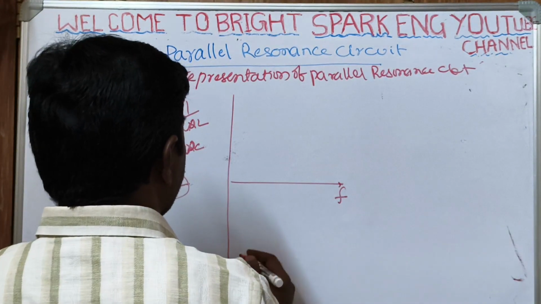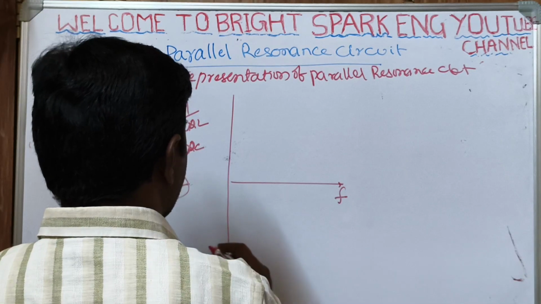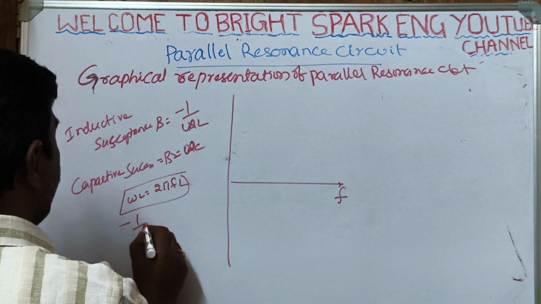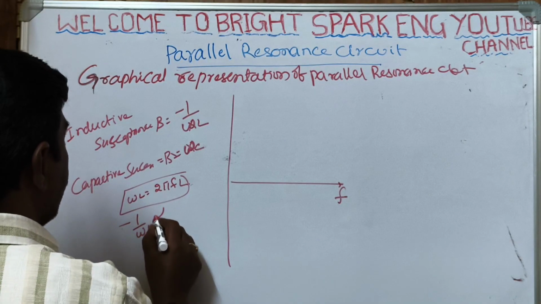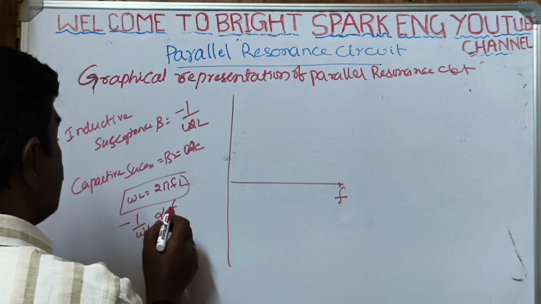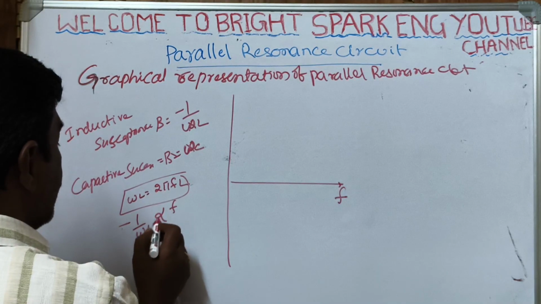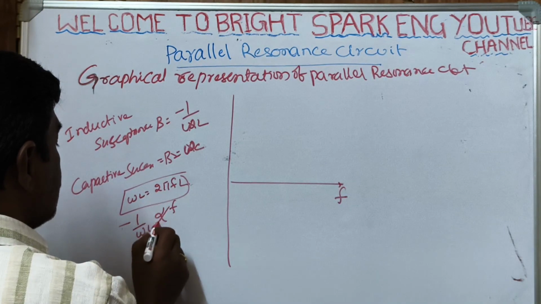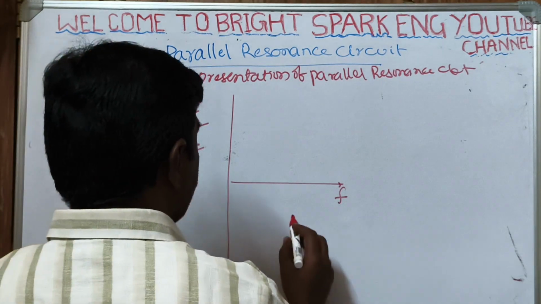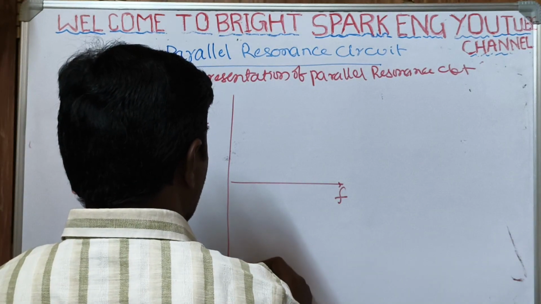That's why minus of 1 by omega L is proportional to the frequency, directly. This means supply frequency and 2 pi f L both are inversely proportional. Another, this is the negative side. Now here this is the negative quadrant.